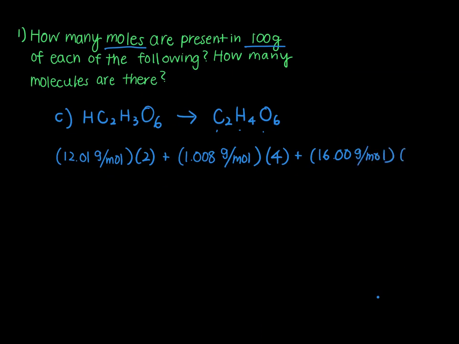Then we have 6 of those. So when we do the math, we get 124.052 grams per mole of C2H4O6.